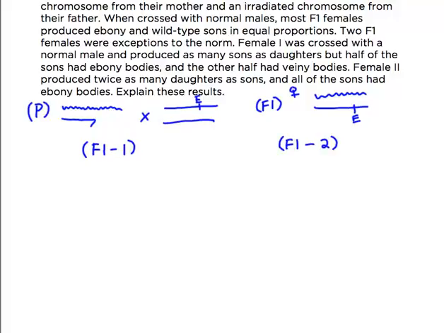The first F1 female, when crossed with a normal male, had as many sons as daughters, so we can write a ratio of 1 son to 1 daughter. Half of the males had ebony bodies, and the other half had veiny bodies.